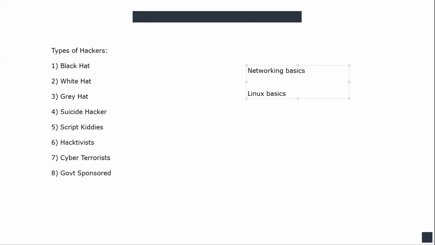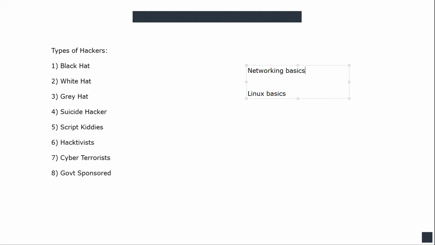I'll take 2 to 3 days, or however much time you want, and spend it on all these networking and Linux basics. After that, we'll get into the practical part of ethical hacking. Why? Because you need to understand that hacking is not as easy as shown in movies.